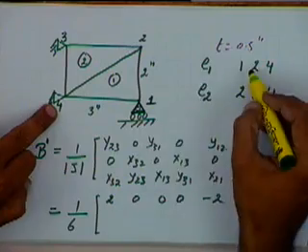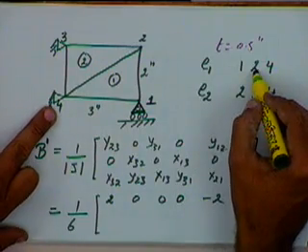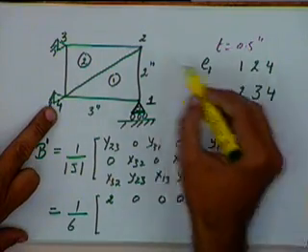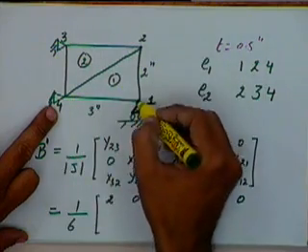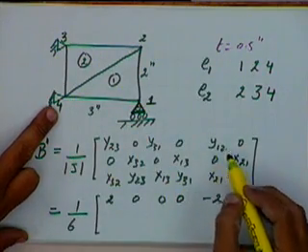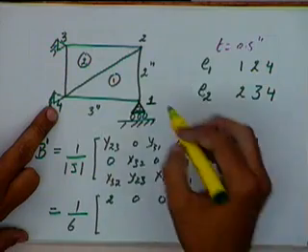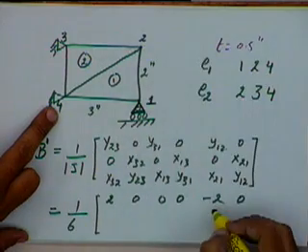For this node, node number 2 is node 2, node number 3 is node 4, so y2 minus y3 will be 2, and similarly y1 minus y2 will be minus 2.